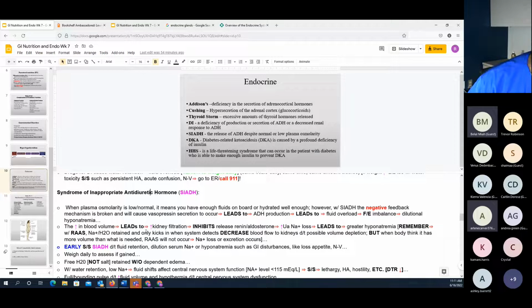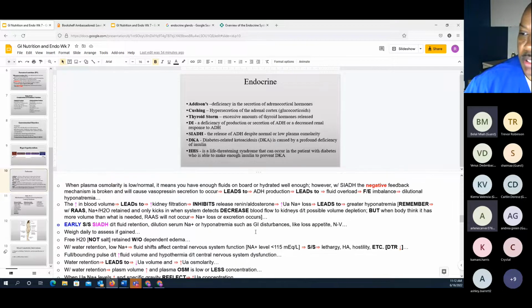So if they're retaining more fluids, then the sodium levels are going to be abnormally low as a result. So sodium levels would be lower, and they're more susceptible to fluid overload. Of course, these patients will have more weight gain. And so those are things that we need to think about with this particular one.